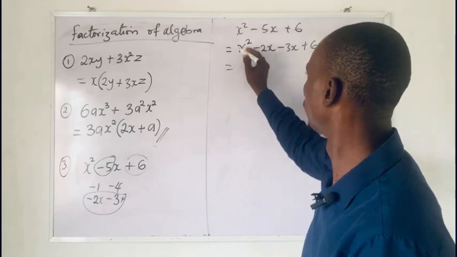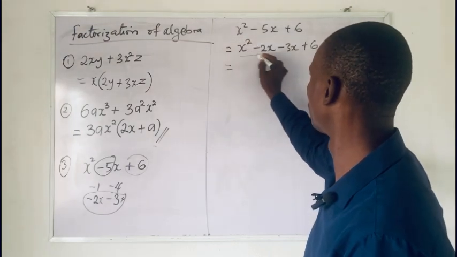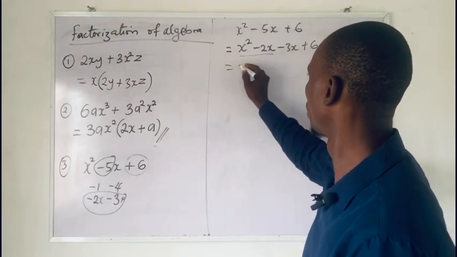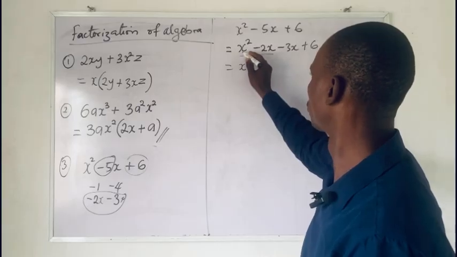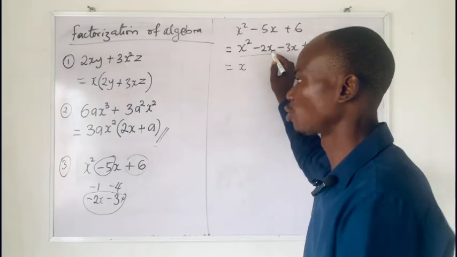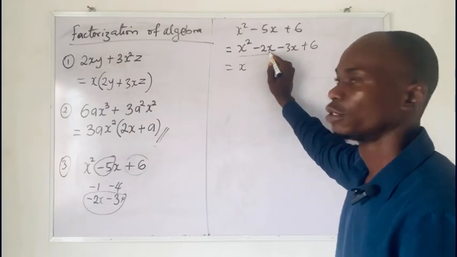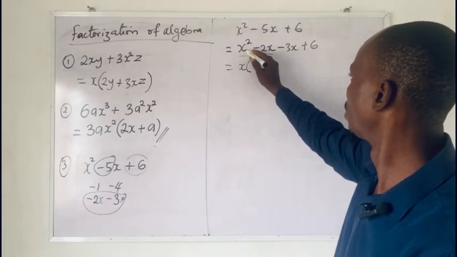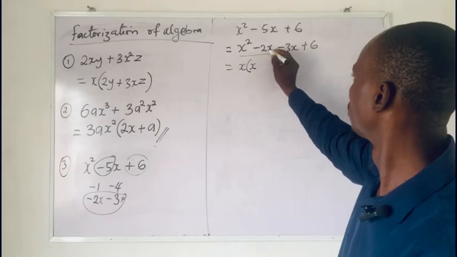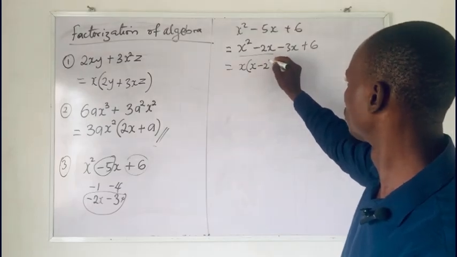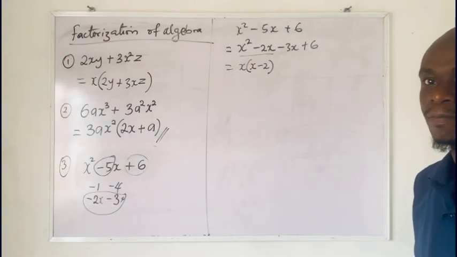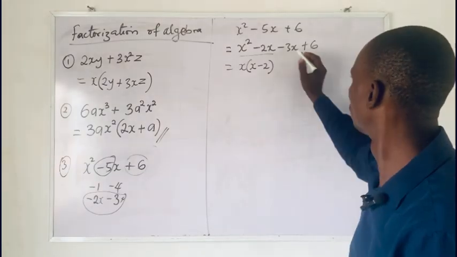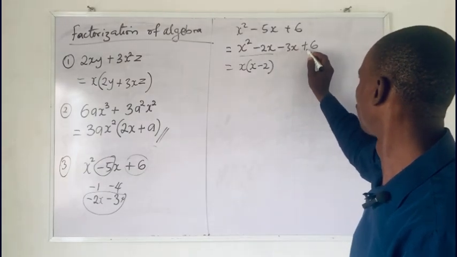So we're going to factorize. Take this term. What is common? x, because x squared is x times x, like we explained earlier. So x will come out, remaining x here, then remaining 2 here. Do you understand? Then the next thing, this minus 3x plus 6.